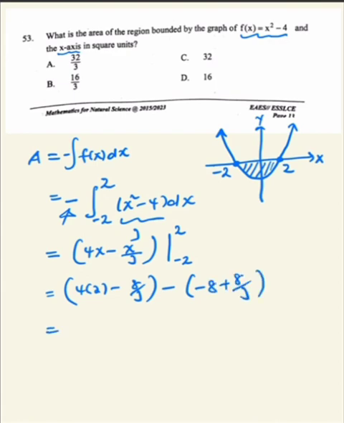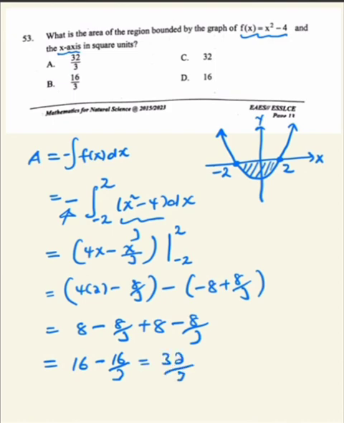Adding, this means 16 minus 16 over 3, which is 32 over 3. So the area of the region between the x-axis and the given curve will be 32 over 3, which means the answer is A.